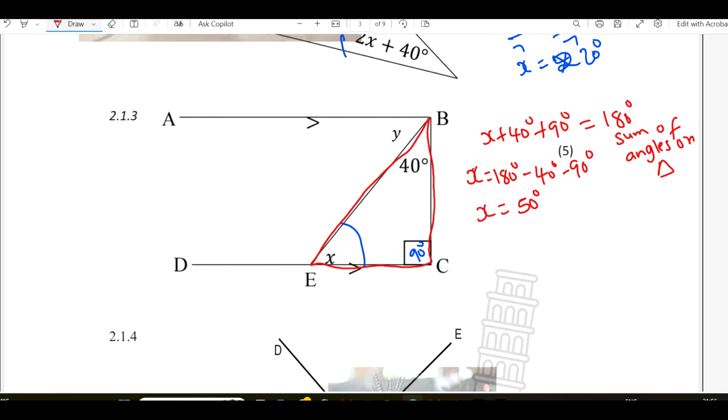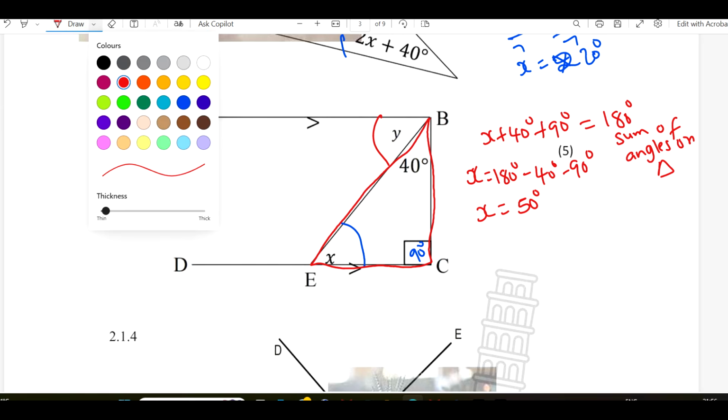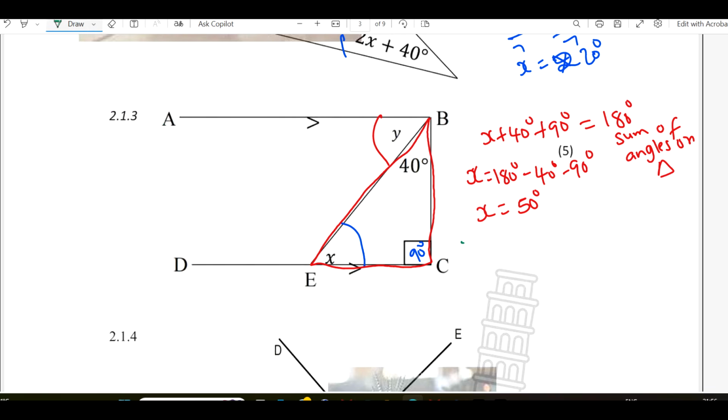Now we have to solve for y, guys. Already we are given parallel lines. Whenever you see parallel lines, start by drawing so that we can see the shape, whether it could be corresponding, alternate, or co-interior. Guys, I'm seeing a Z here.